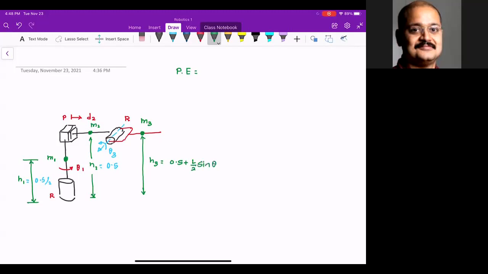It will be plus or minus depending. Sine theta 3, oh, theta 3. Are you with me so far? Yeah. Okay, good. So the potential energy equation is m1 g h1 plus m2 g h2 plus m3 g h3.